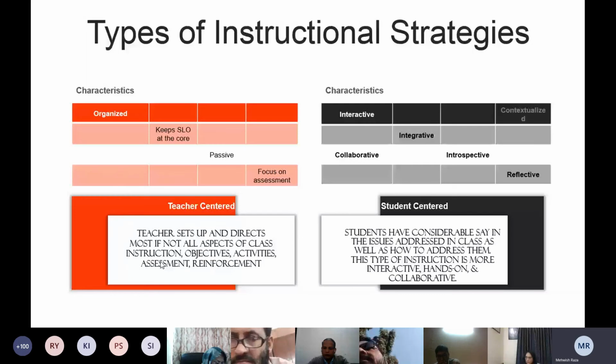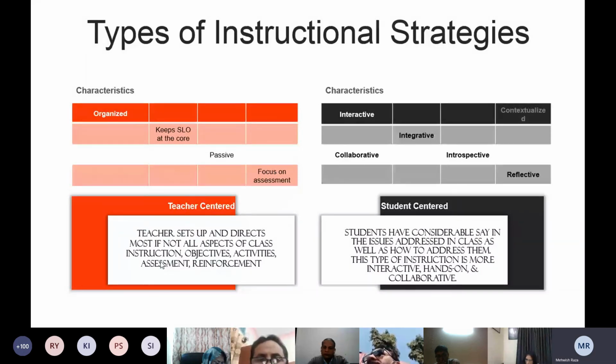So they're interacting with either the content or their peers or the learning activities and experiences that you have created for them. These instructional strategies engage students in reflection, which later on develops the sense of critical thinking amongst them. When students reflect on what they have done, what did they achieve, how well did they perform, and when teachers create activities for them in such a way that students are engaged in reflective exercises, they are more likely to evaluate their performance.